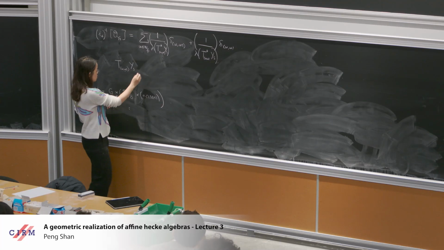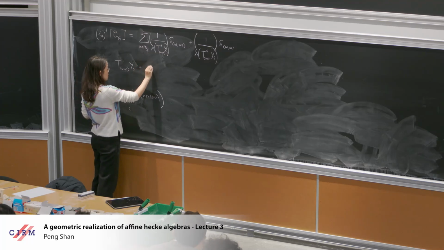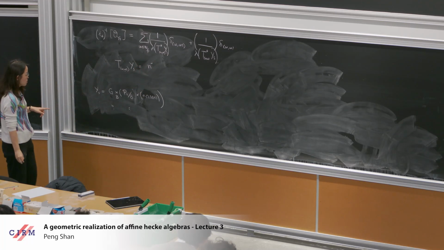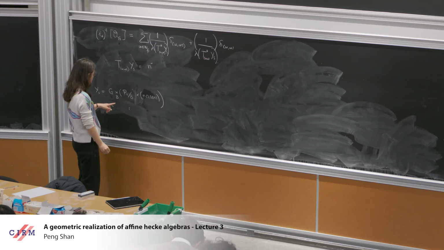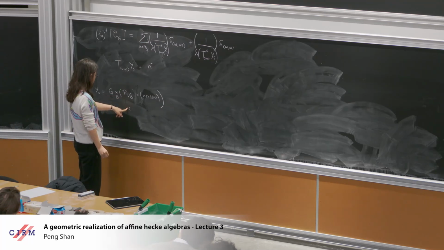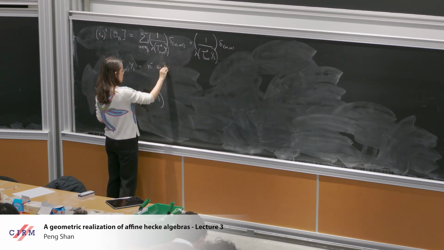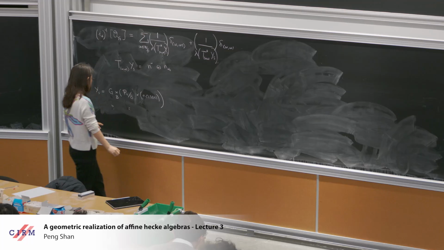Here the tangent space is the negative of the opposite nilpotent radical, and over S, this is given by plus n_alpha_S.